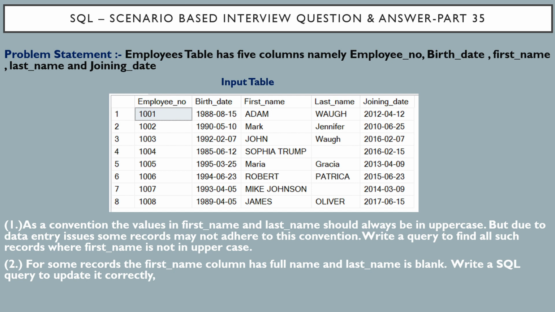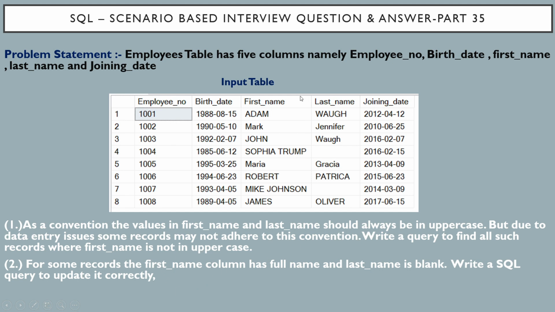Now the problems. First problem is, as a convention, the values in the first name and the last name should always be in uppercase. But due to data entry issues, some records may not adhere to this convention. Write a SQL query to find all such records where first name is not in uppercase.